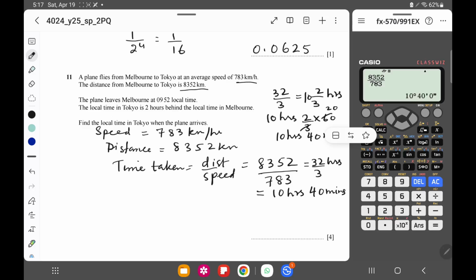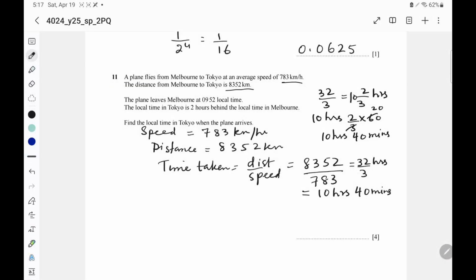So this is your time taken. Your departure time was given in the question: 9:52 in Melbourne, and we are adding 10 hours 40 minutes to get the arrival time. 40 plus 52 is 92, and 92 minutes means 1 hour and 32 minutes.